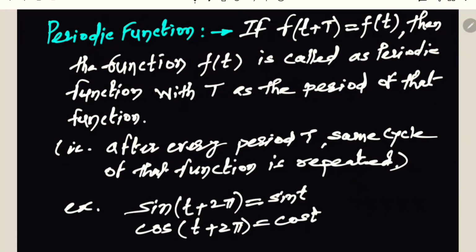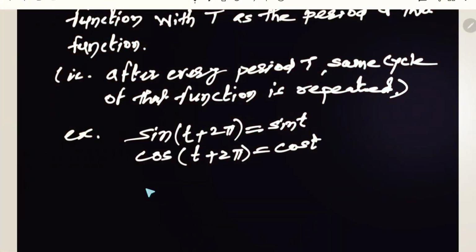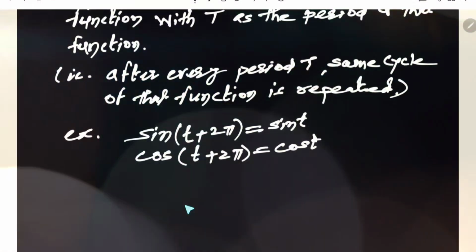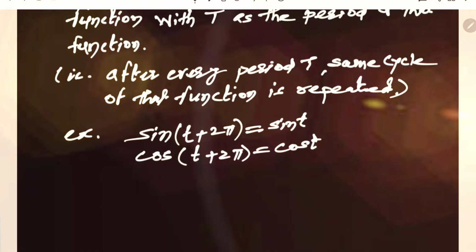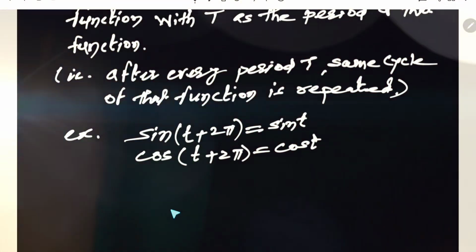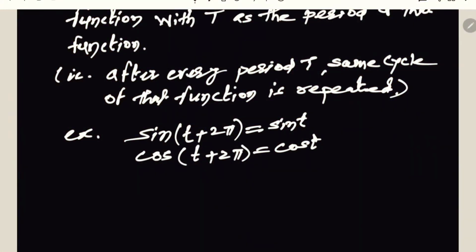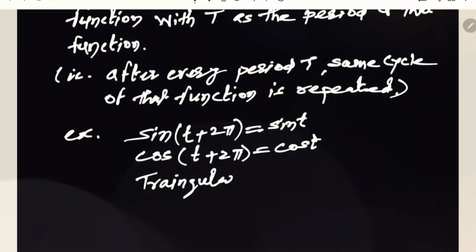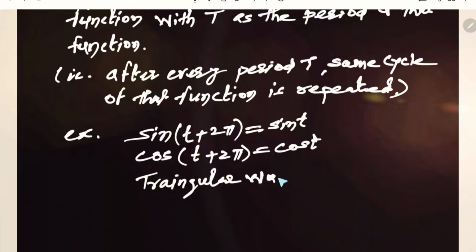Therefore, 2 pi is the period for sine and cosine. Then triangular waveform, square wave, half wave rectifier and full wave rectifier. All these are examples of a periodic function.